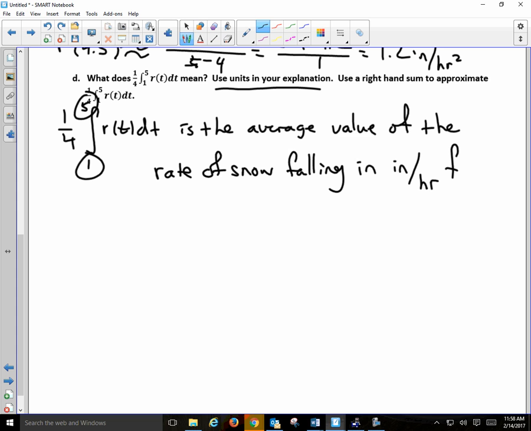So from time equals 1 hour to time equals 5 hours. And you'll see this played out again and again as we prepare for the AP exam later on, but they want you to talk about the bounds, they want you to talk about the units, and they want you to say the average value of this function.